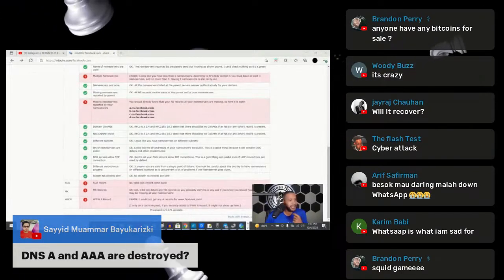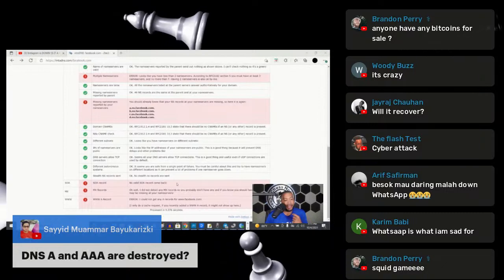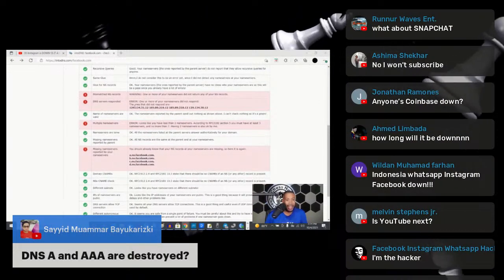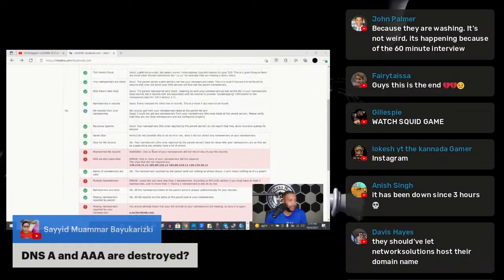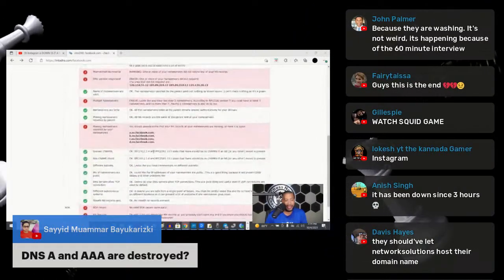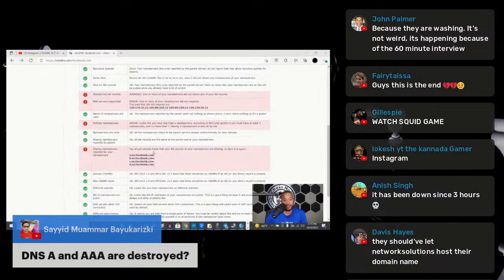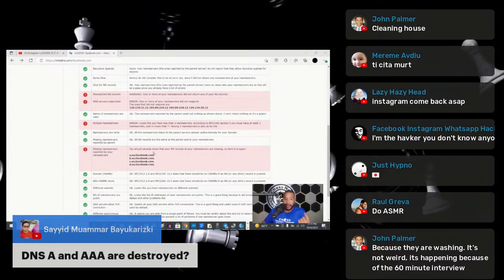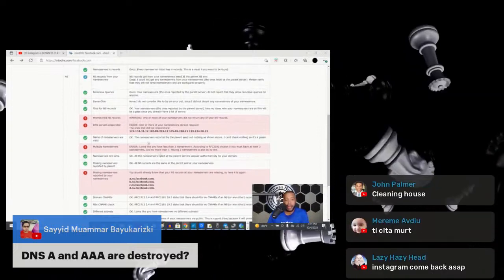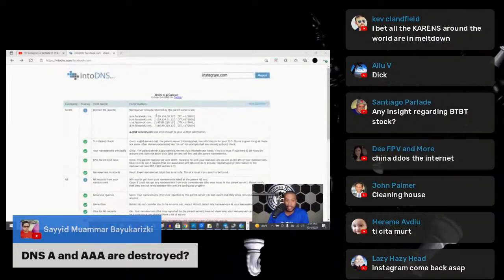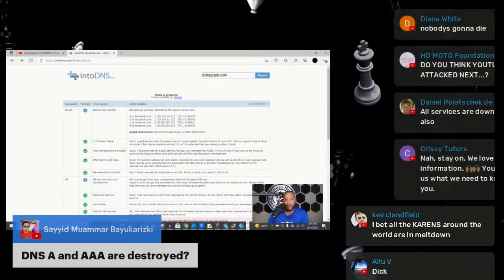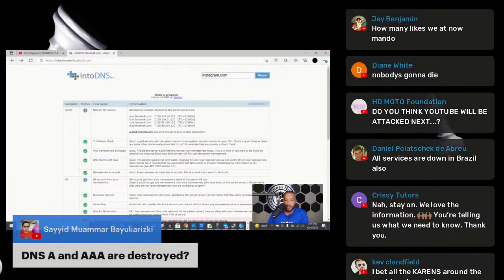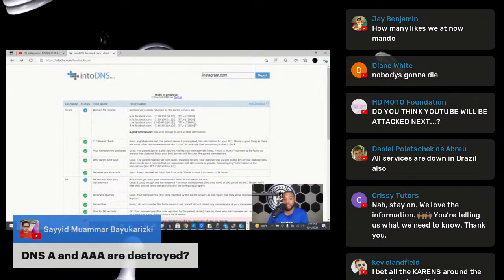Like I said, we're taking a look at this MX record, and this is a bad sign, right? This is a bad thing. Everything is red on this DNS record. Right? DNS records are what control websites. So if I put in Facebook.com, it takes that name and converts it to a number. Like we look at the top, these are the numbers it converts it to. So I put in Instagram.com or Facebook.com, it takes that name, converts it to a number, and sends my computer to that number.